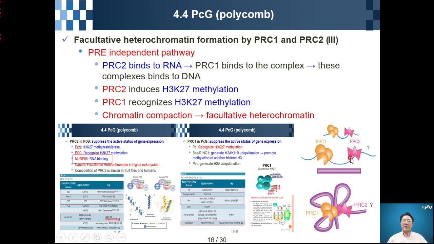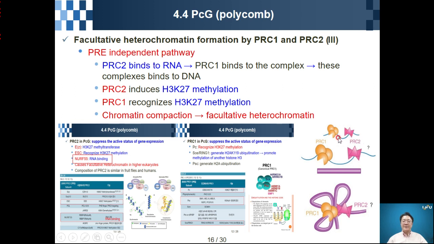After that, PRC1 can also bind to this complex. The complex means PRC2 and the RNA.